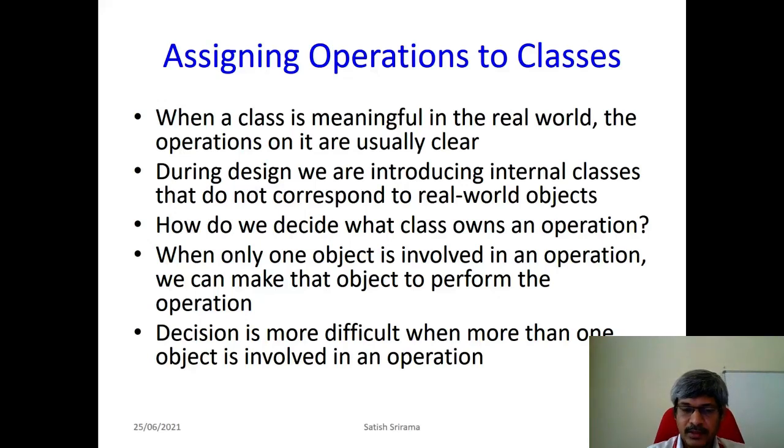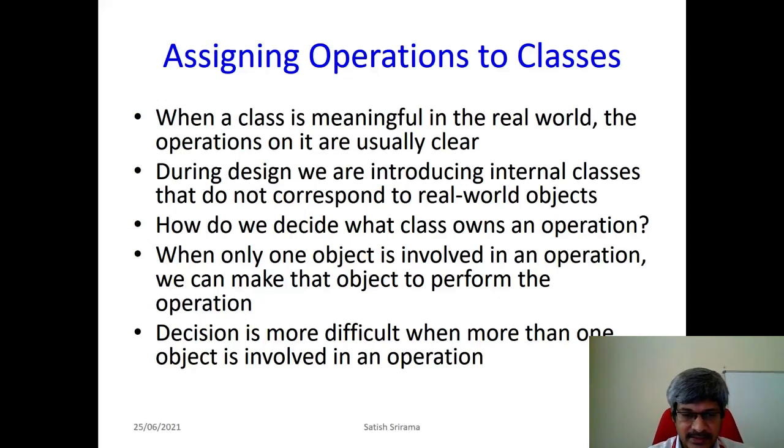When there is only one object involved in an operation, then the problem is pretty much clear. We can make that object perform that particular operation. But the decision becomes very complex and difficult when more than one object is involved in an operation.